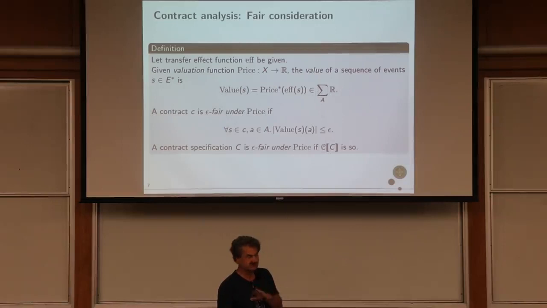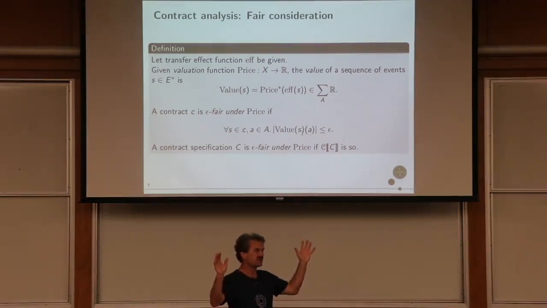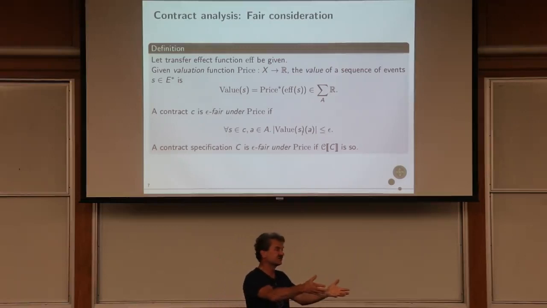Even though the sum sums out to 0, it basically means that value s is an element of this vector space, which means that it's a map from agents to real values. So value s is that map, and when we apply it to a single agent, we get a real value.